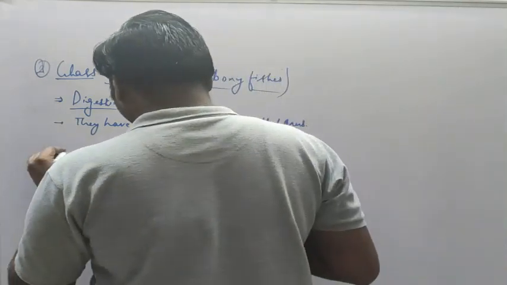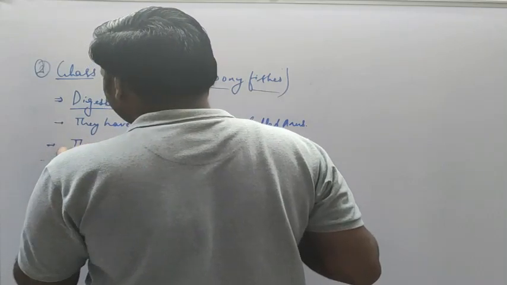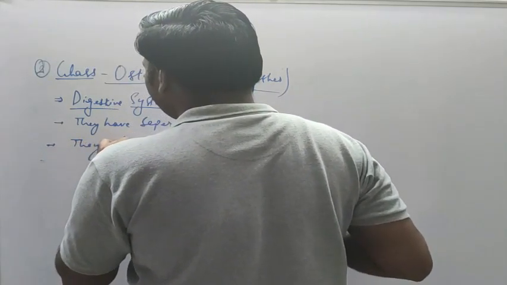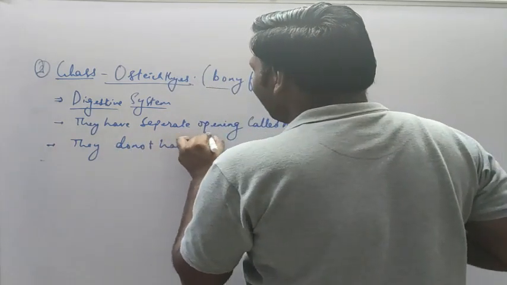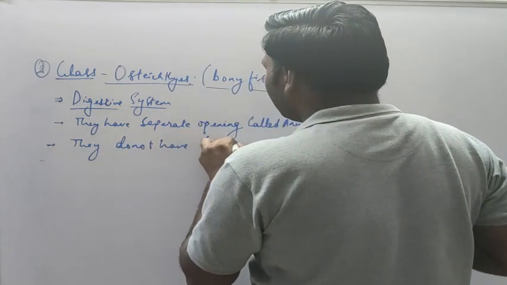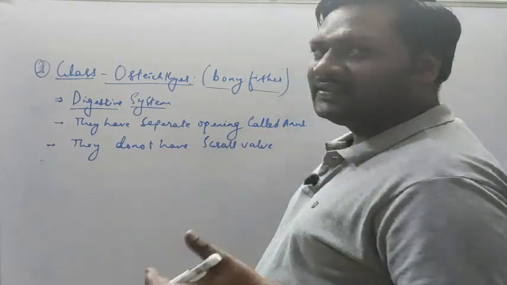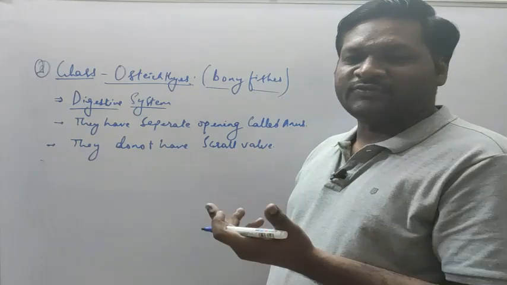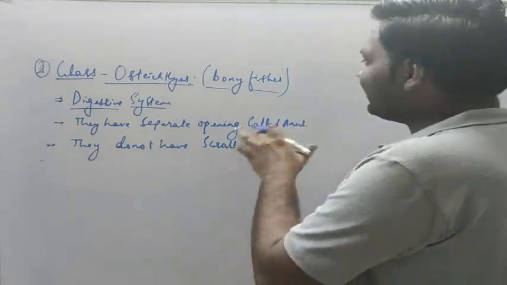The next, they do not have scroll valve. That means within the intestine we have seen in the cartilaginous fishes there is a presence of scroll valve, which is most commonly absent in case of bony fishes.